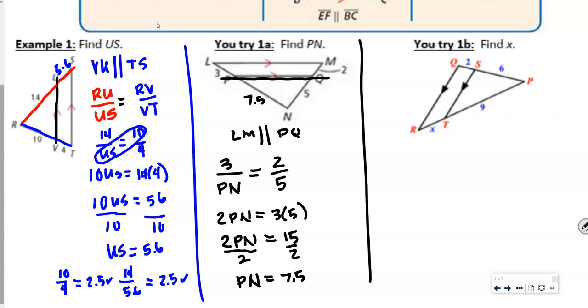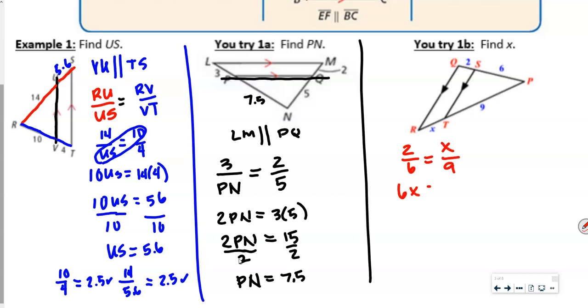All right, let's go ahead and you guys go ahead and do this last one and find X for me. And that's not what it says on your paper, so make sure that you actually solve for X right here. Come back to me when you're done. So on this one, I'm going to do 2 over 6 is equal to X over 9.